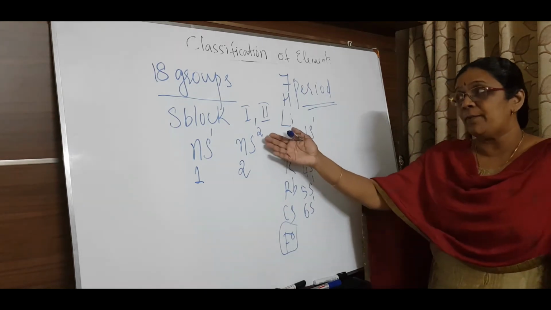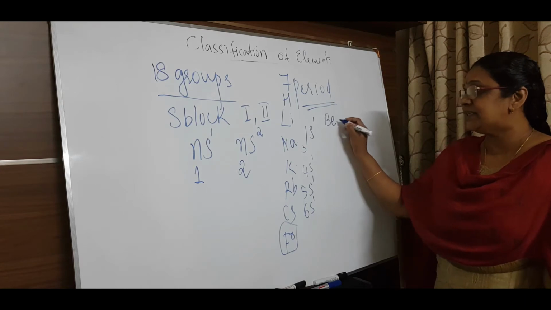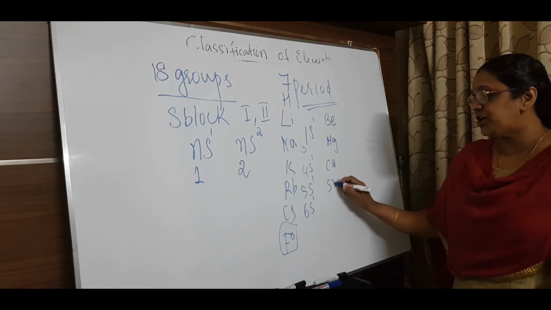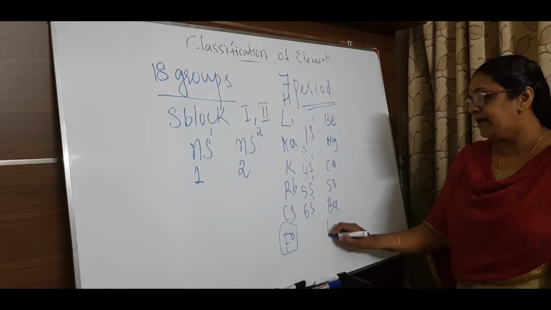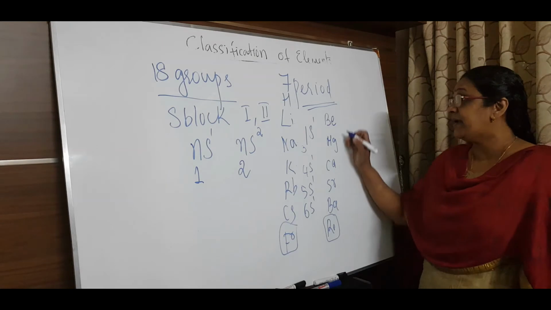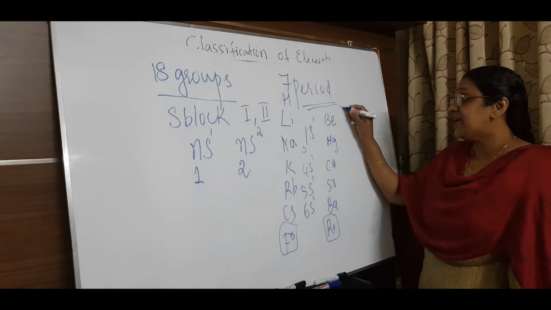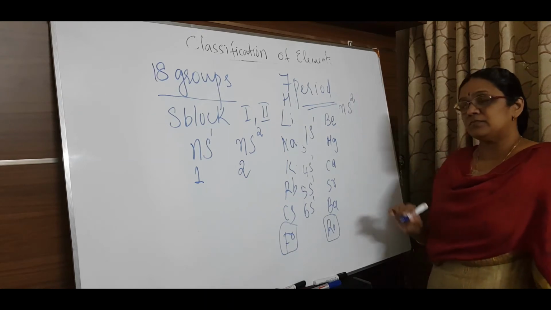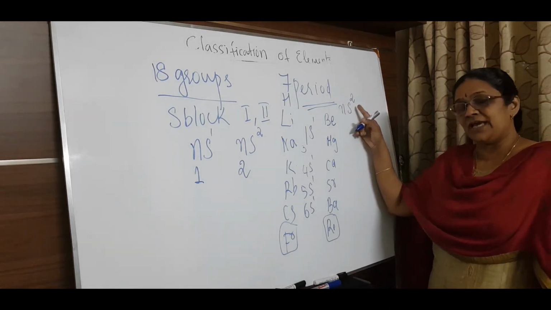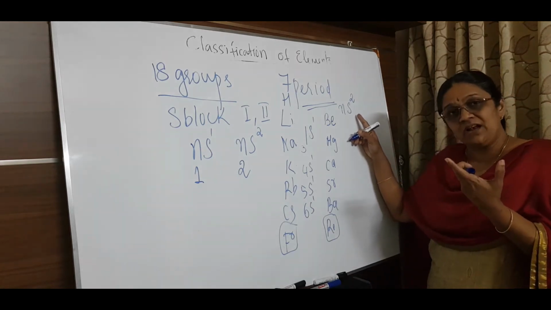Now when you come to the second group in the periodic table, you have beryllium, magnesium, calcium, strontium, barium and radium. Radium is radioactive, so we don't talk about that. These have an outer electronic configuration of NS2. It's a stable configuration, right? The maximum number of electrons that can be accommodated in the s orbital is only 2.